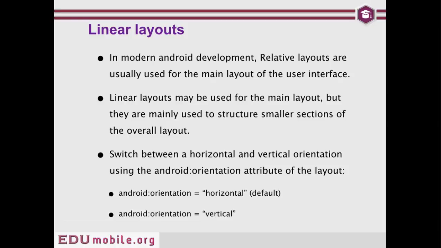The linear layout's orientation is controlled by the Android orientation attribute. If this is horizontal, and that's the default, the controls in a linear layout will be laid out in one row and multiple columns. However, if it's vertical, they will be laid out in multiple rows, but only one column.